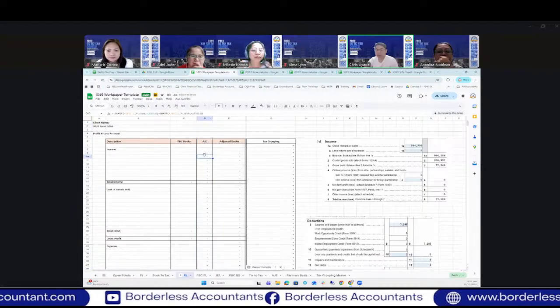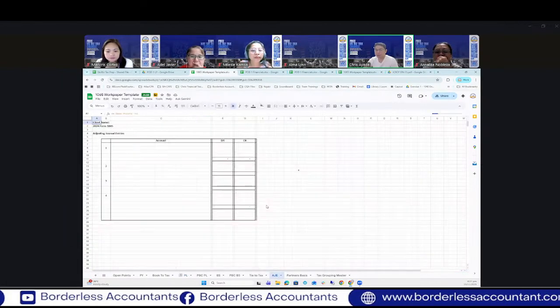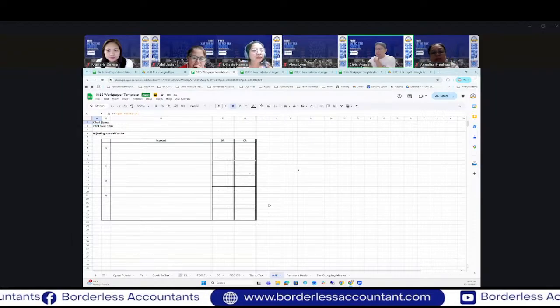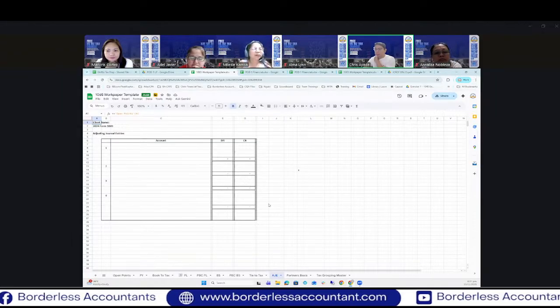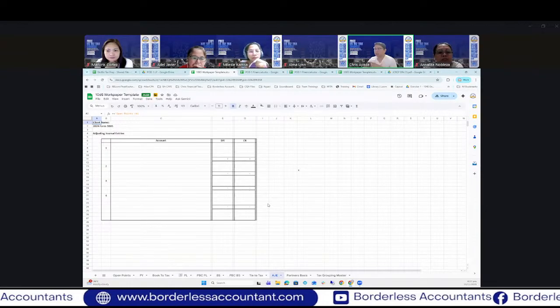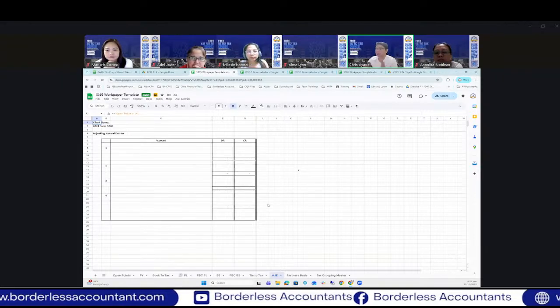These are all formulas because there are times we need to make adjustments, like for example for depreciation, for amortization, and all others that are either recorded in the books but not in the tax return, and some items are also in the tax return but not in the books.